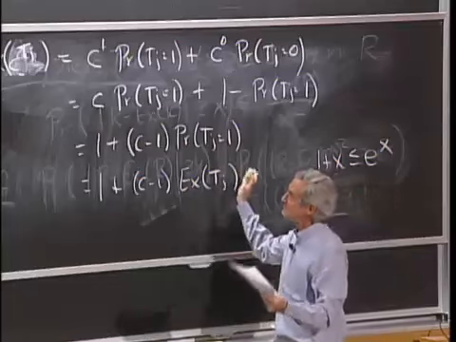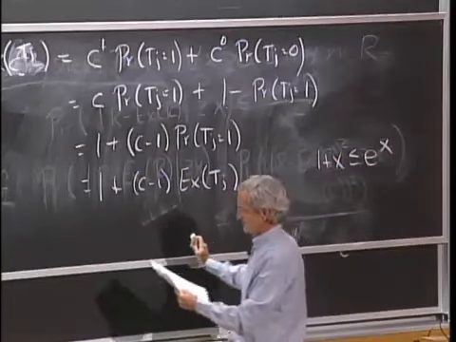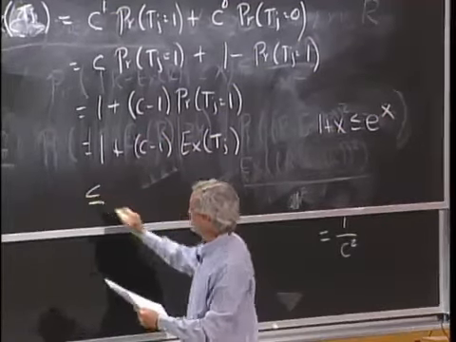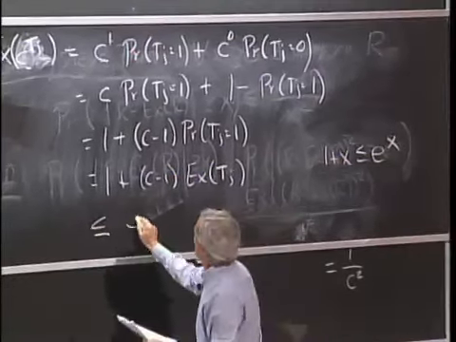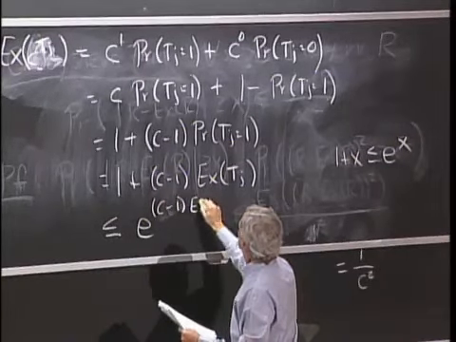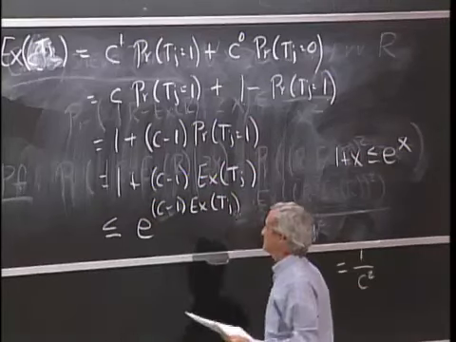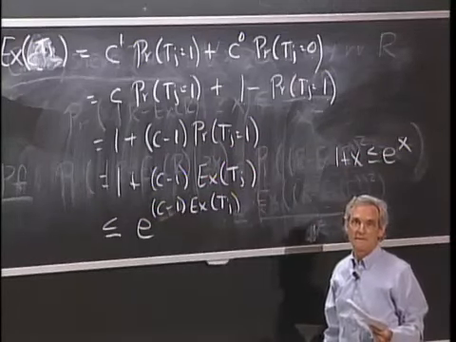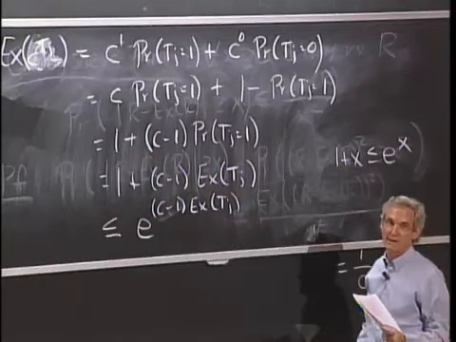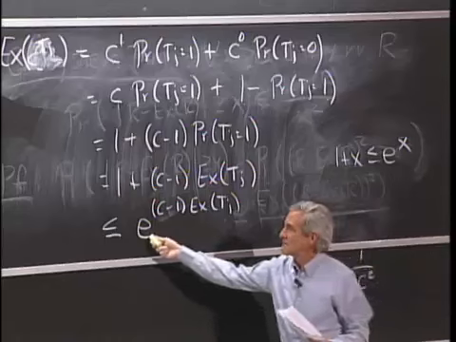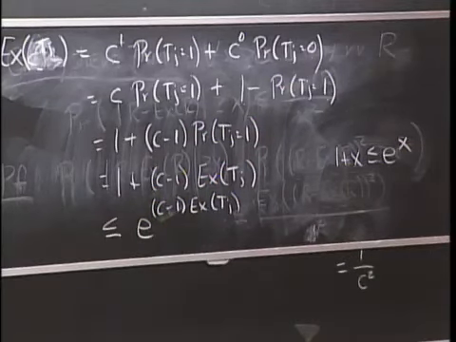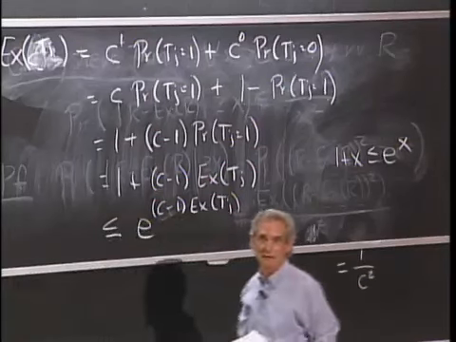None of these steps is obvious why we're doing them, but we're going to do them anyway. So this is at most e to this, c minus 1 expected value of tj. OK, because 1 plus anything is at most the exponential of that. And I'm doing this step because I got a product of these guys, and I want to put them in the exponent so I can then sum them so it gets easy.